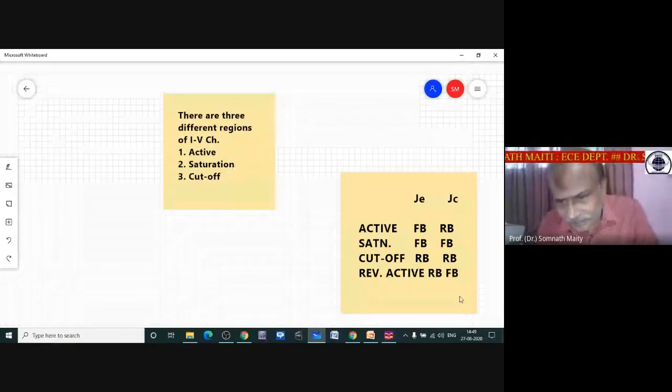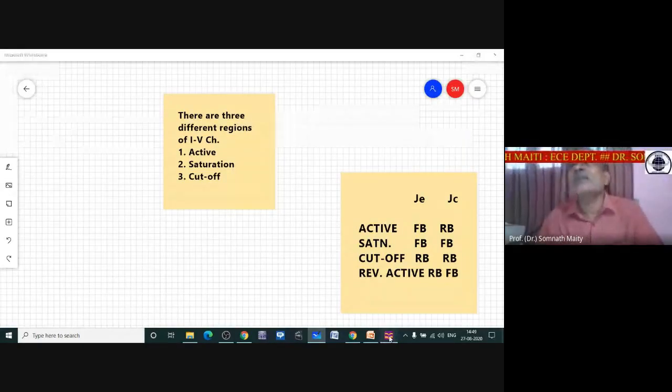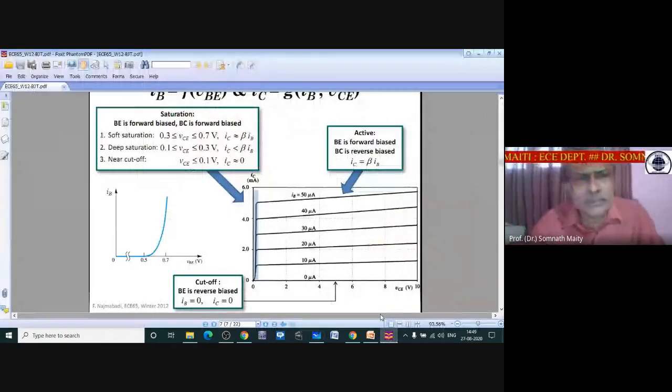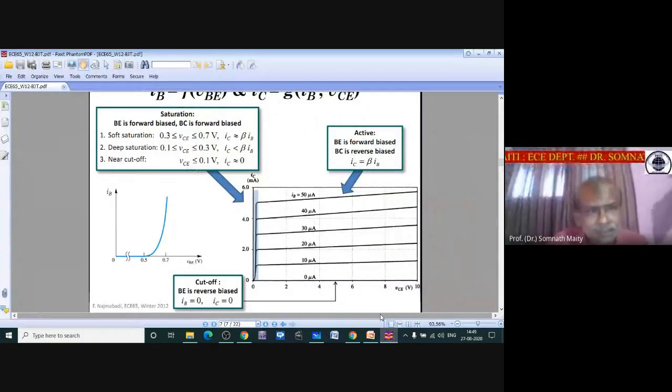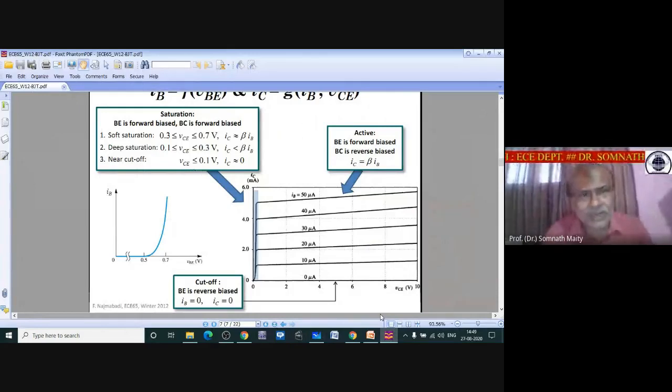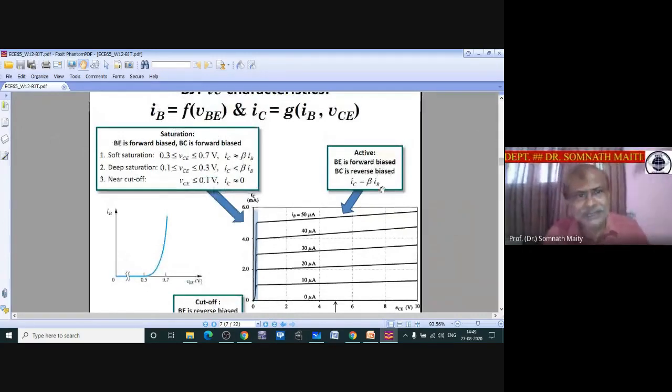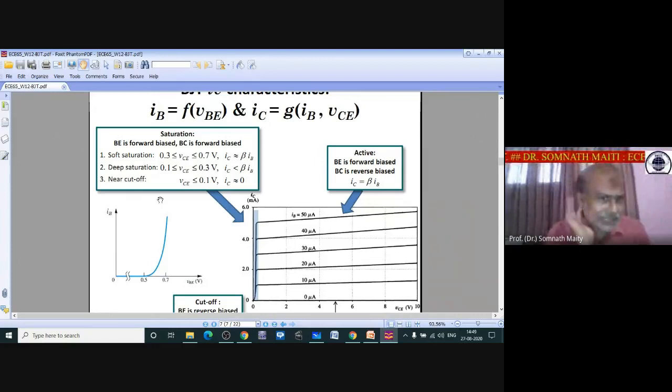Okay. So this is what is written. Saturation. If the collector to emitter voltage is within this range, then it is called soft saturation.